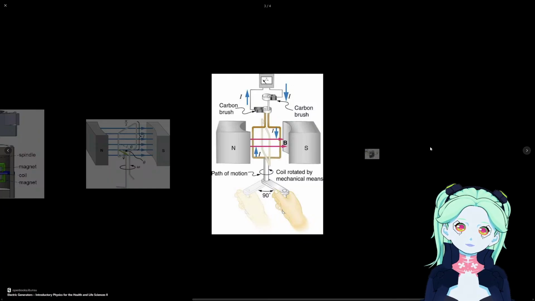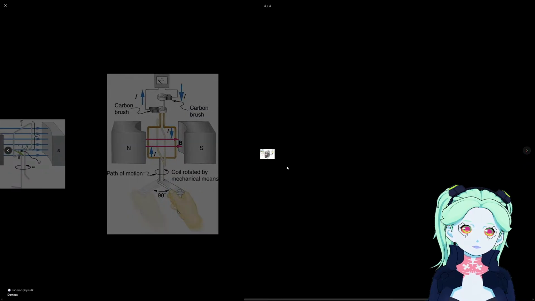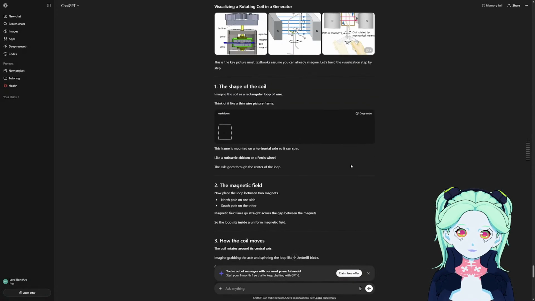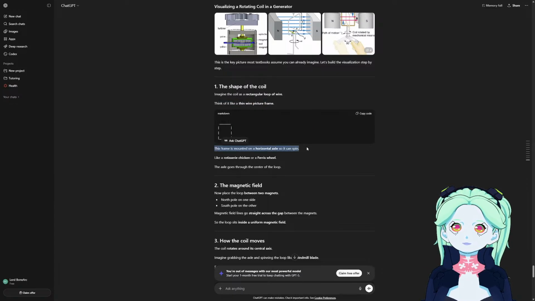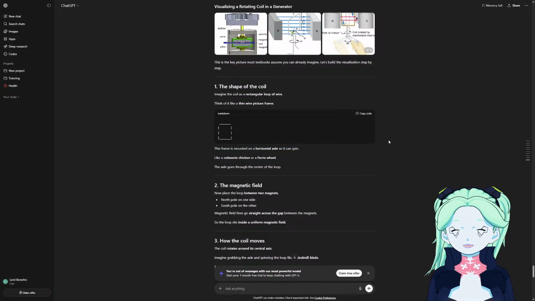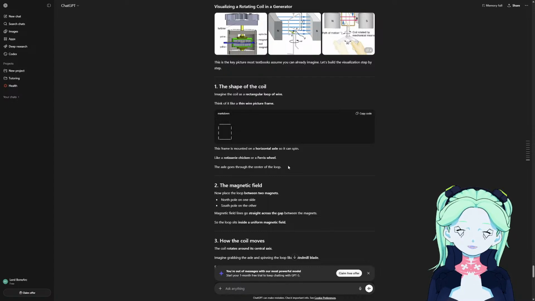Okay, that's interesting. Like a rotisserie chicken or a Ferris wheel. The axis goes through the center of the loop.